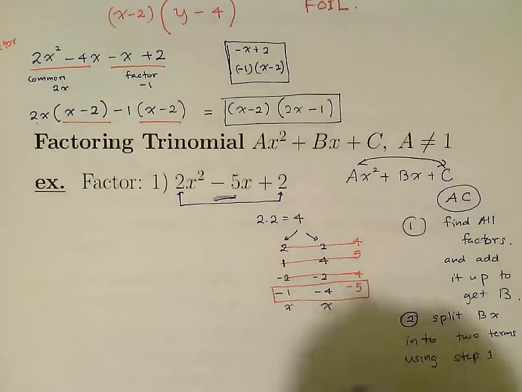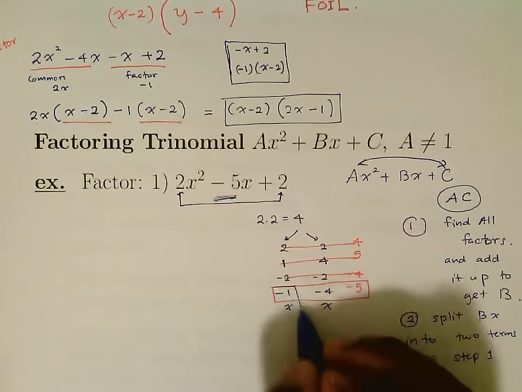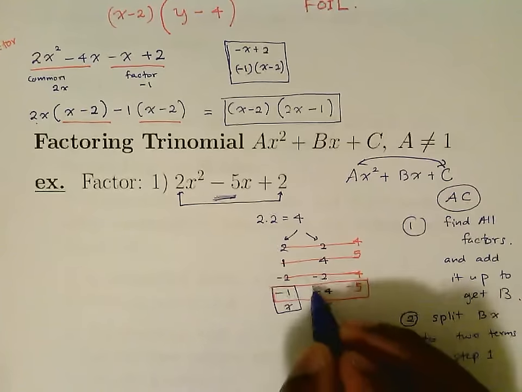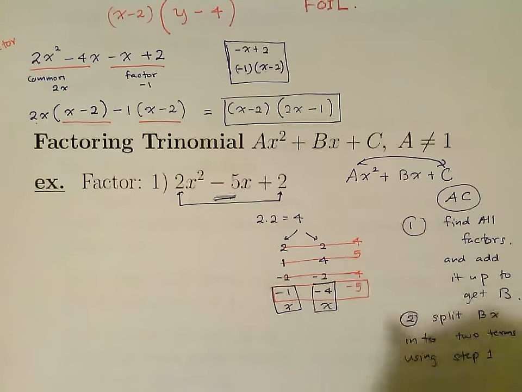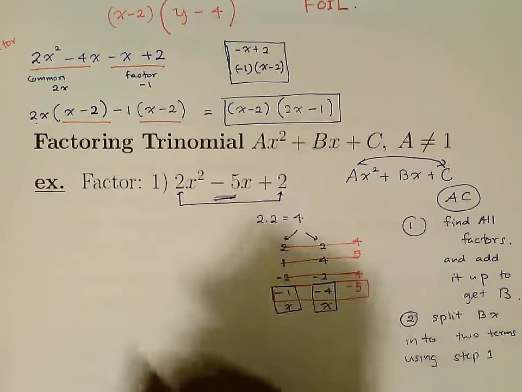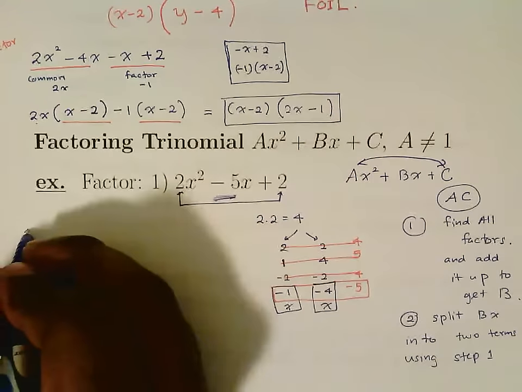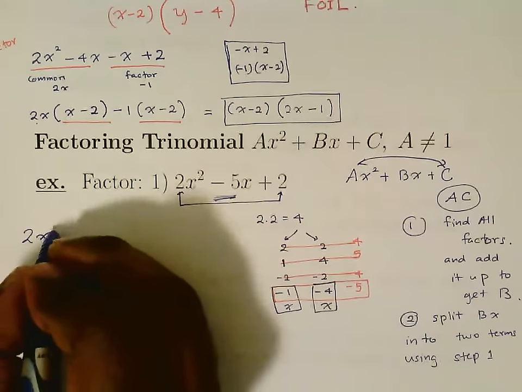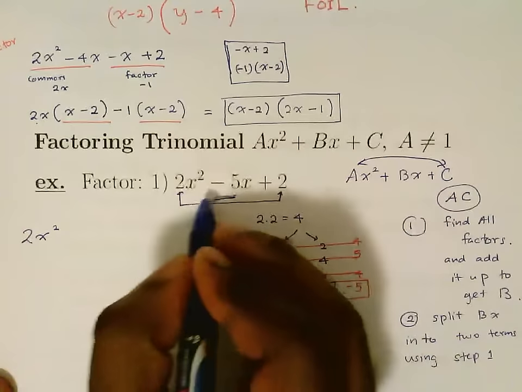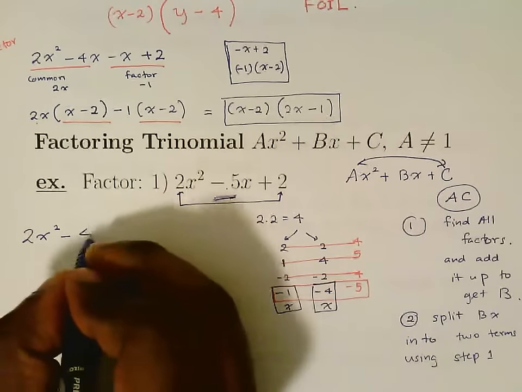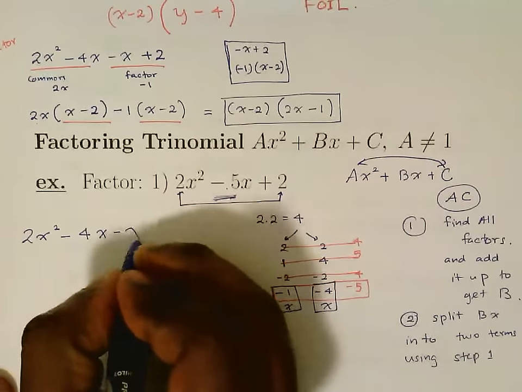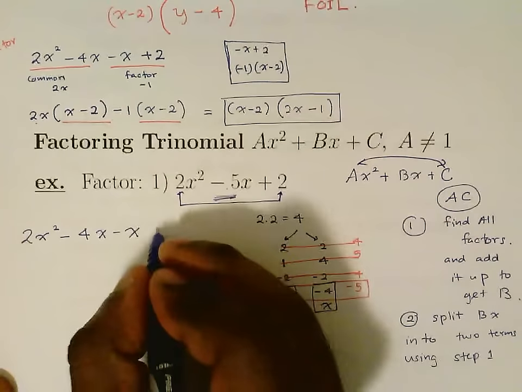Okay, so I will split -5x into -x and -4x. Okay, so I will write it here. So 2x squared was already there. Instead of -5x, I'm going to write -4x minus x, and then the last term is okay.